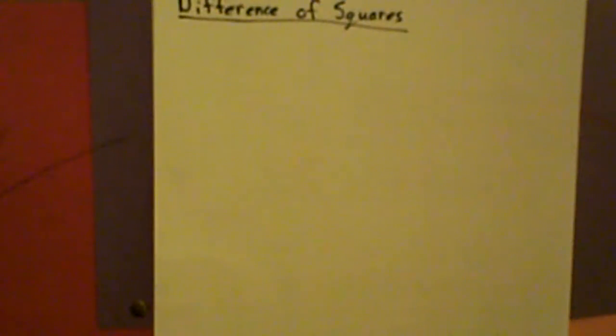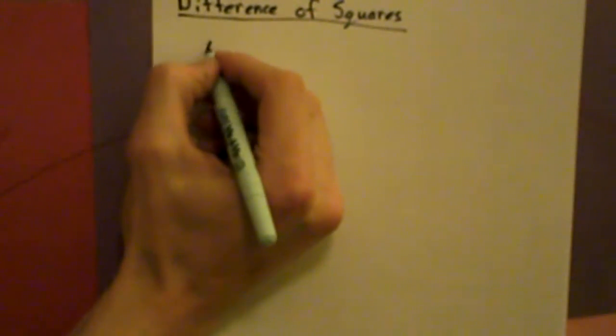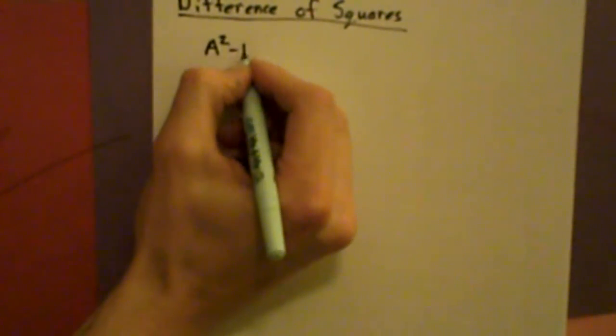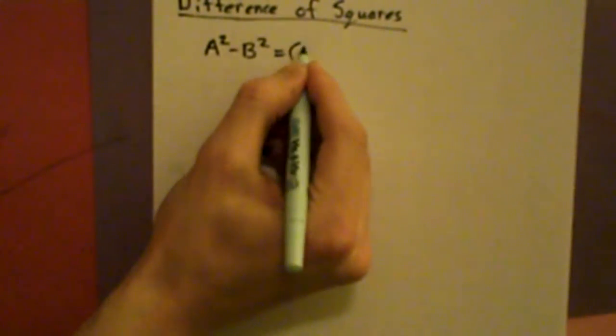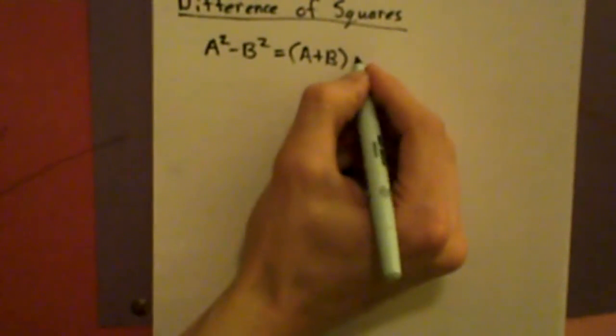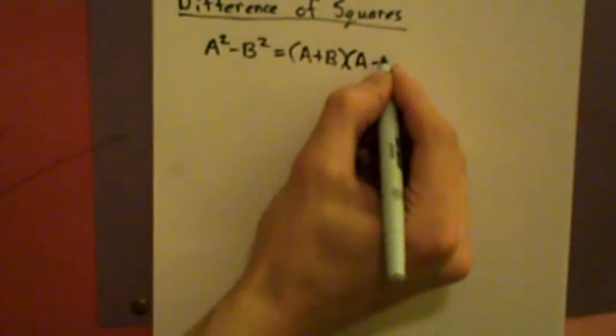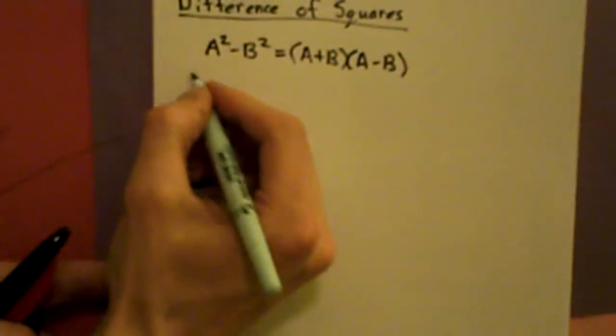A difference of squares always has the form that if we start with a squared minus b squared, something squared minus something squared, this factors into a plus b times a minus b. And these are probably the easiest type to factor.